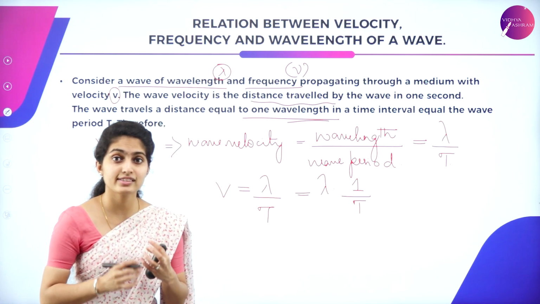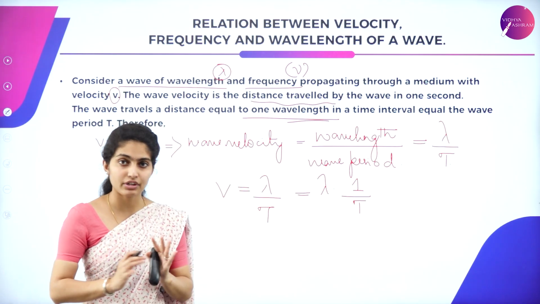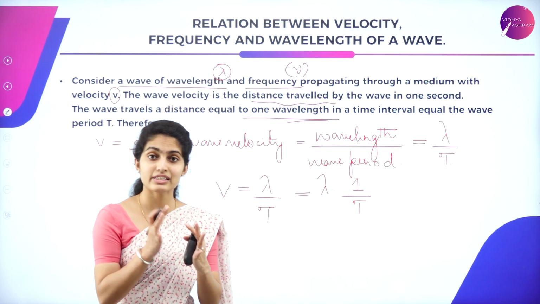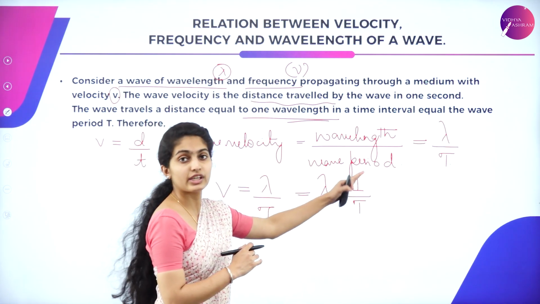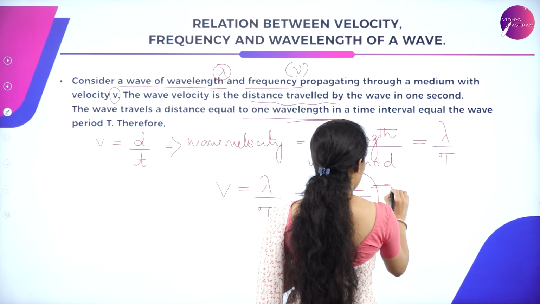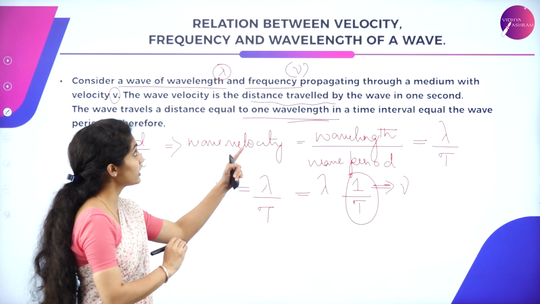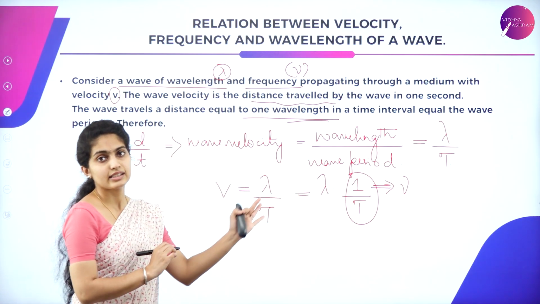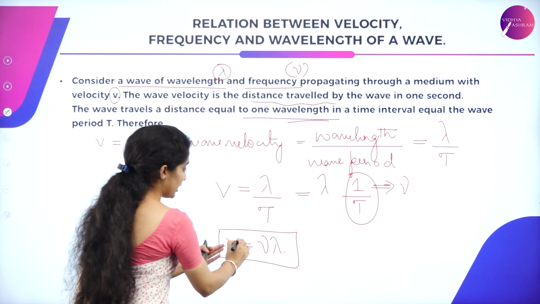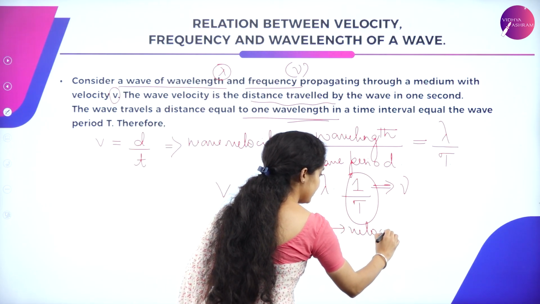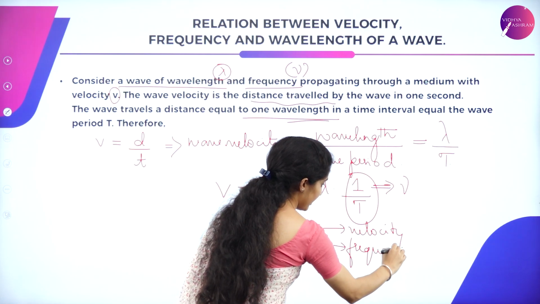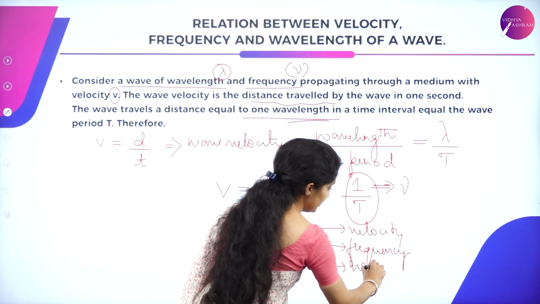So we are checking the relation between velocity, frequency and wavelength. We have our velocity and our wavelength. Now we need the frequency. We know that frequency is the reciprocal of the wave period, so 1 by T is nu, the frequency. Now we have the velocity, frequency and wavelength: v is equal to nu lambda, where v is the velocity, nu is the frequency, and lambda is the wavelength.